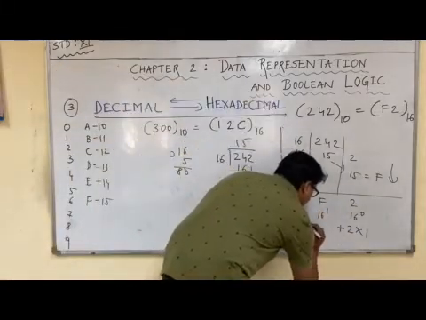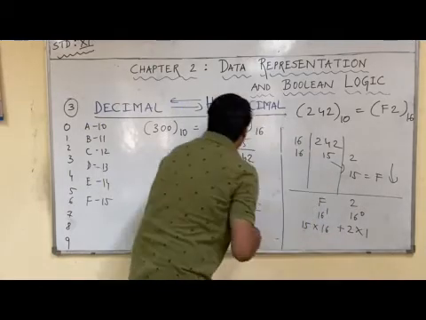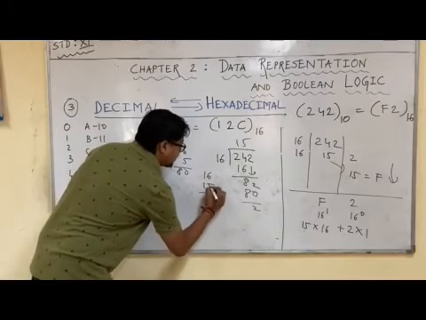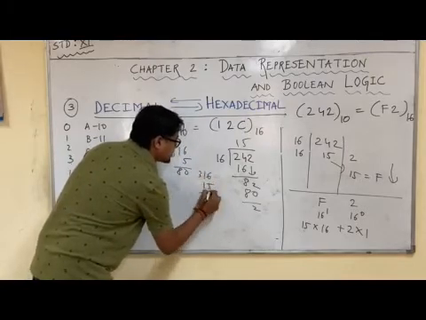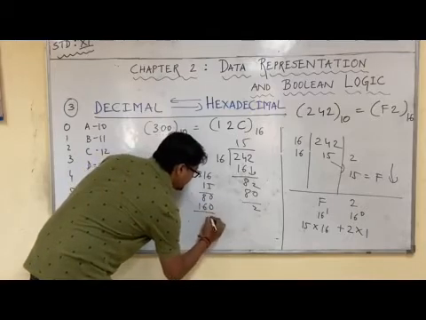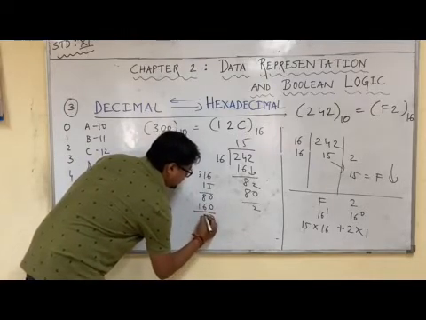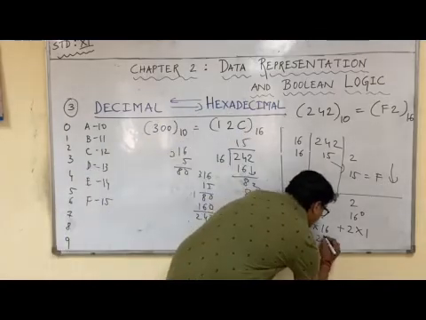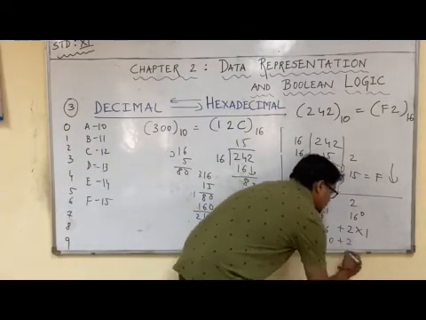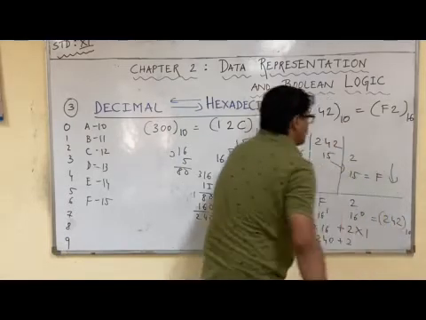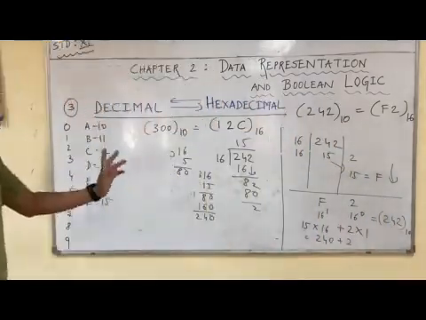So 15 into 16. Just for confirmation, let us do 16 into 15. It is 240. 240 plus 2 ones are 2. So my answer is 242. That is, we are getting our answer back in decimal.